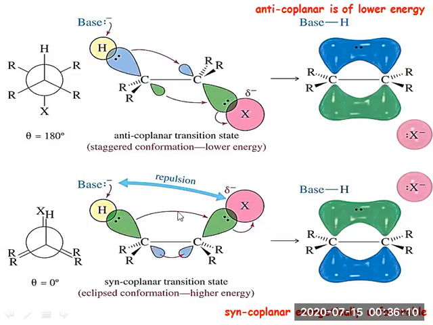You can see the steric crowding will be there when there is a syncoplanar transition state. It's an eclipsed form, whereas anticoplanar is a staggered form. So syncoplanar is energetically unfavorable because there is a lot of steric repulsion and steric hindrance, and therefore generally the anticoplanar transition state will be favored so that it becomes more stable.